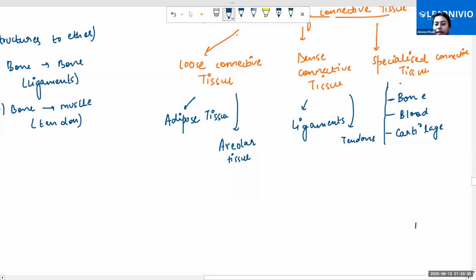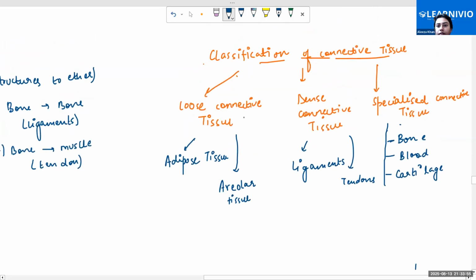Have you written this classification? Yes, ma'am. Any doubt in this flowchart?